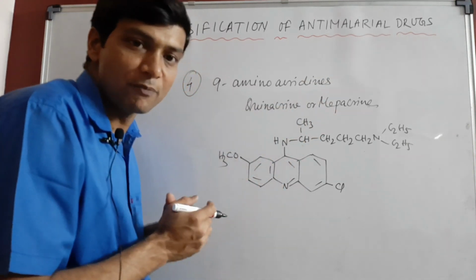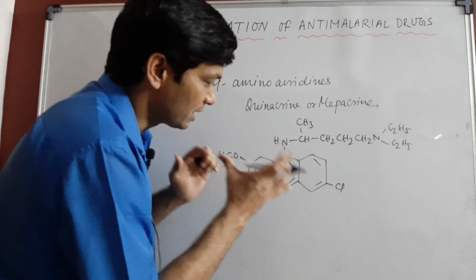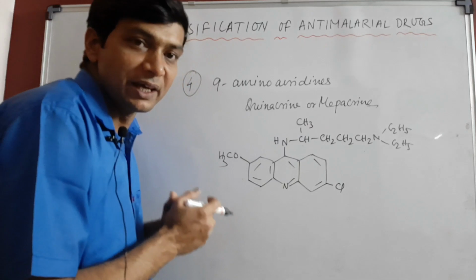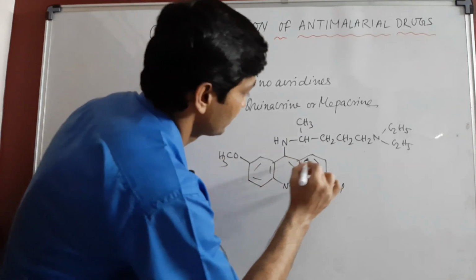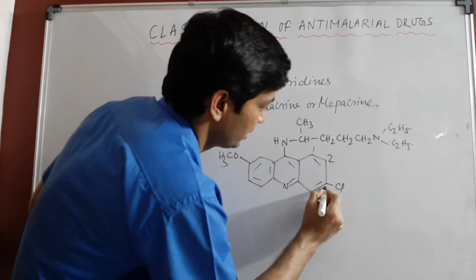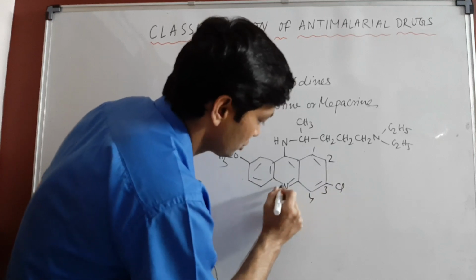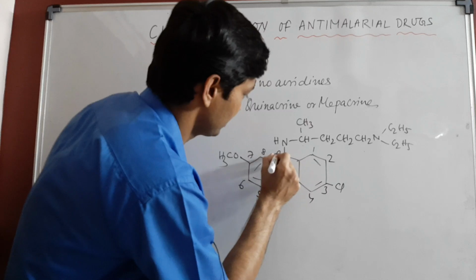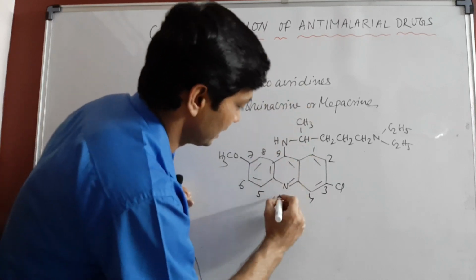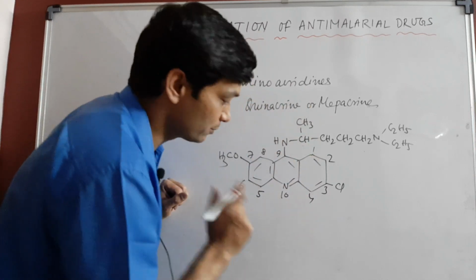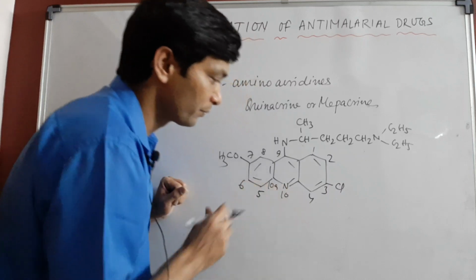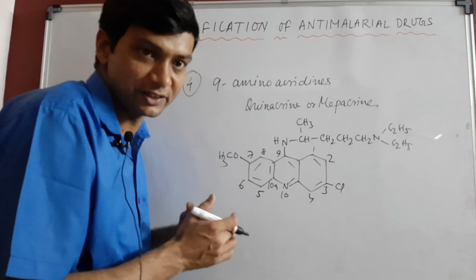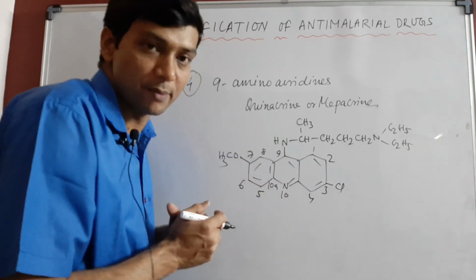Now one thing you have to remember here is that the numbering system of the acridine molecule is something special: 1, 2, 3, 4, this is not 5, then 5, 6, 7, 8, 9. That is why it is 9-aminoacridine, and this nitrogen is the 10 position and this is 10A. So this is a special numbering system of the acridine ring system. This you have to remember.